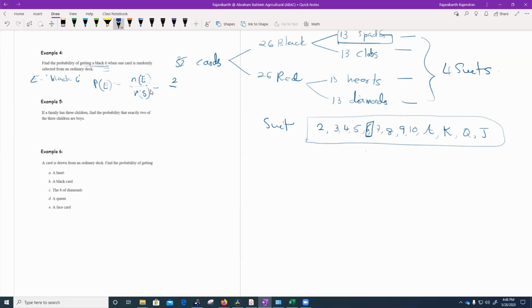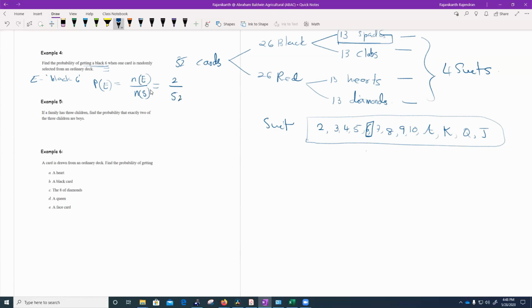Remember, the sample space is the collection of all the possible outcomes. If you are given 52 cards and drawing a single card, well, there are 2 out of 52, right? My sample space consists of all the cards. There are 52 of them.